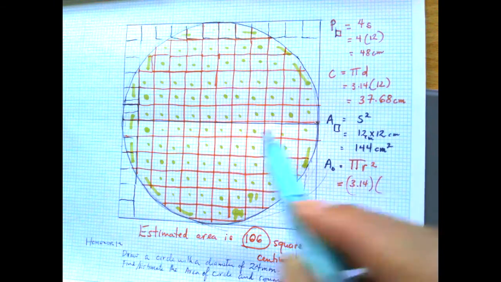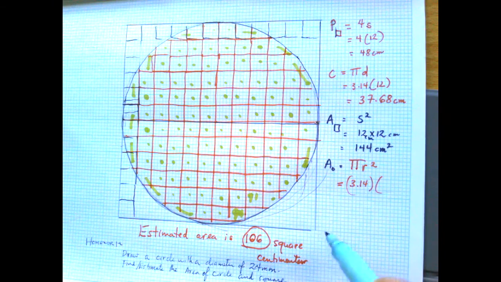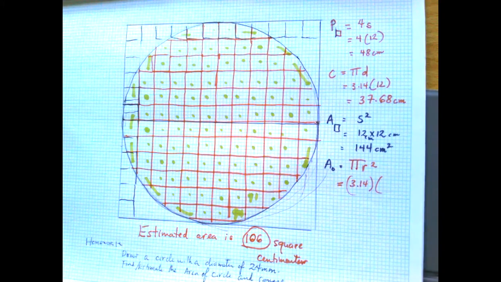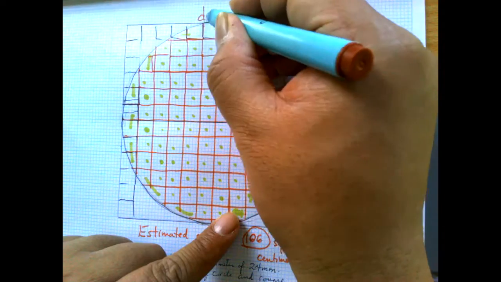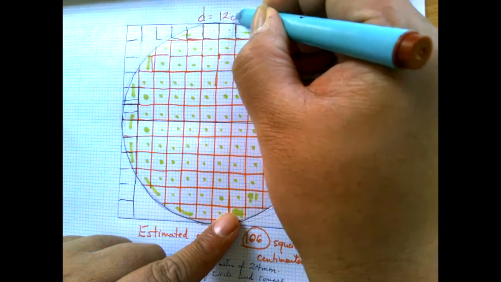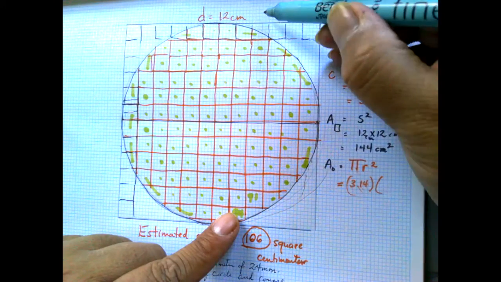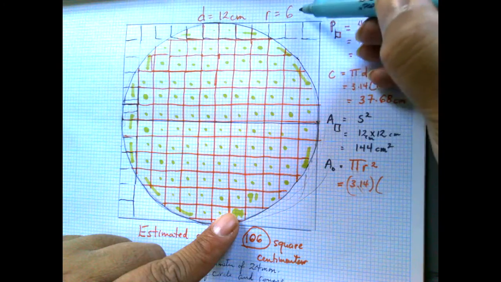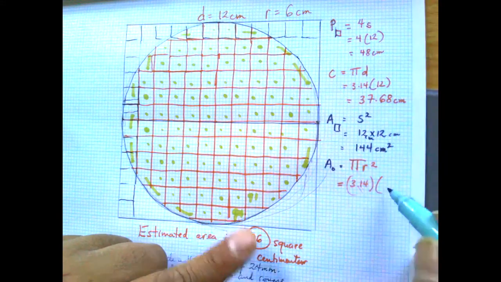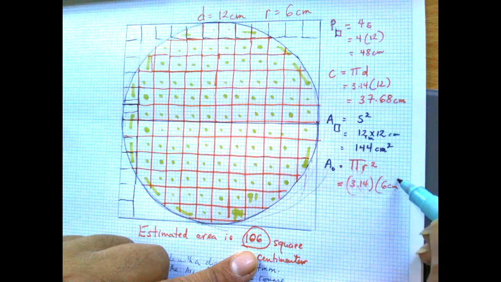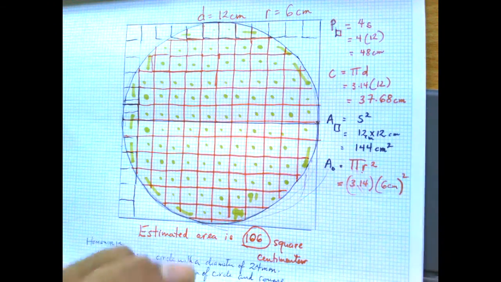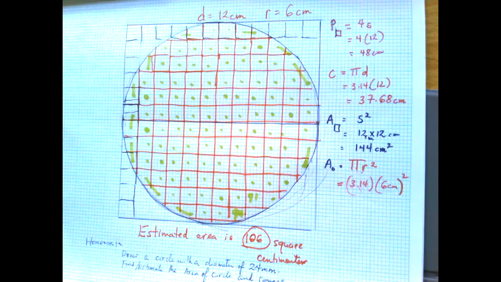The radius is basically half of the diameter. If the diameter is 12 centimeters, the radius is half of that, which is 6 centimeters. Now we're going to calculate to see how close we are with our estimate.